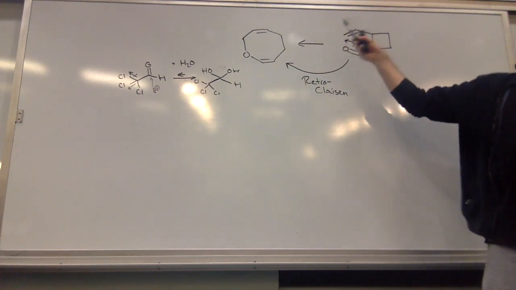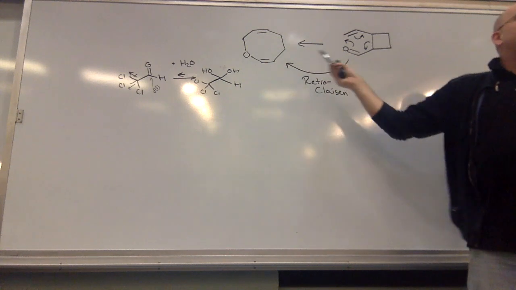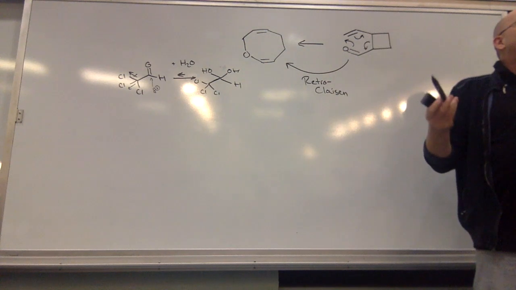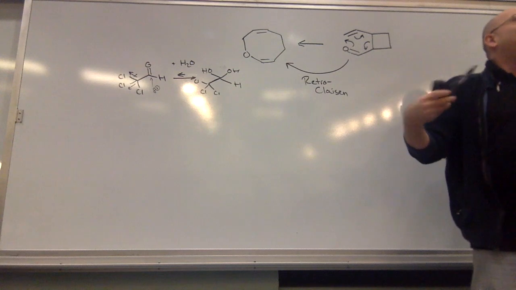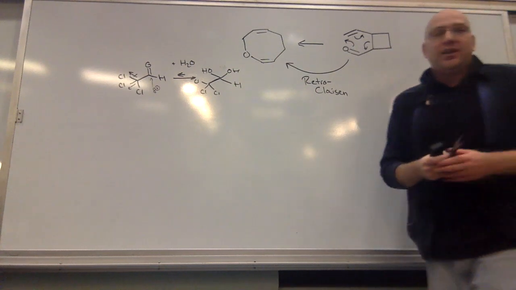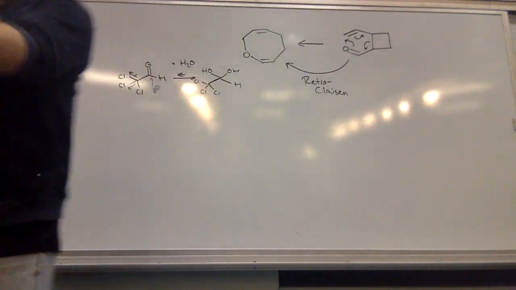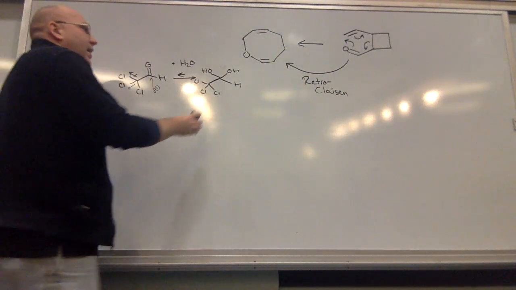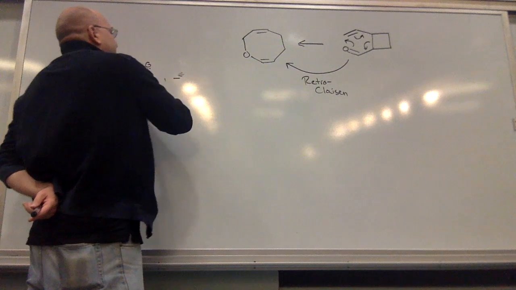And I'm sure that as soon as people started thinking about the Claisen reaction and realized that it was reversible, they started to think, what are some ways that we can make that go the other way? And this is one of the ways that you could do that, just by thinking about that thermodynamic control. Okay? That's all that I wanted to get at for this part.